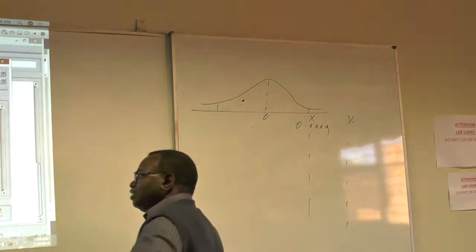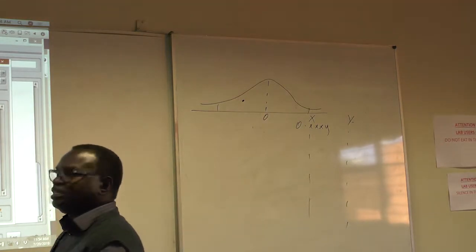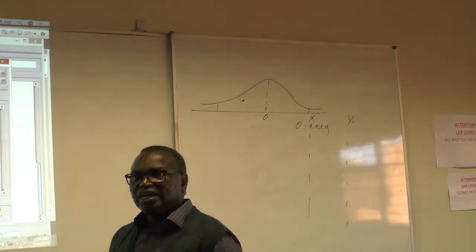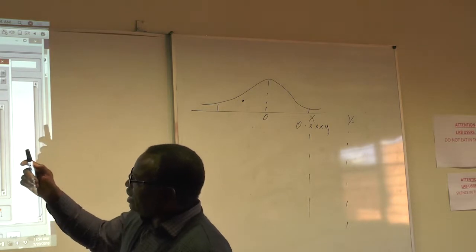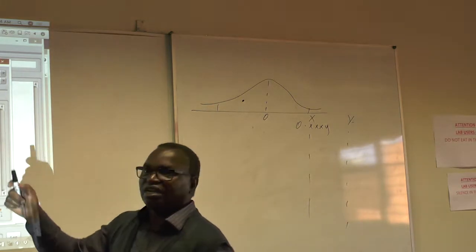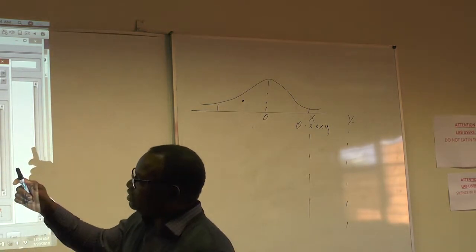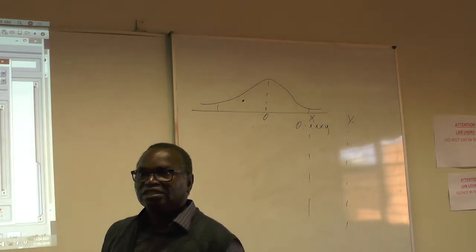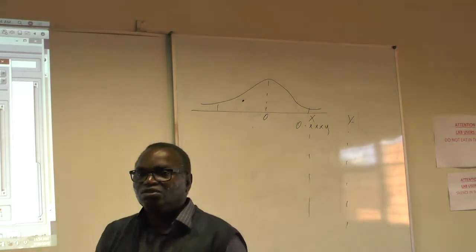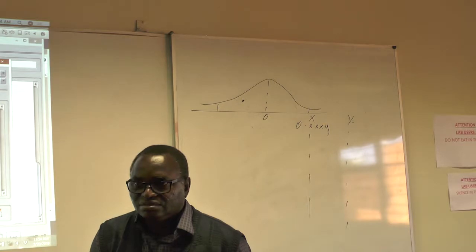And now, what does that explain to us? In terms of accuracy, a 99% area under the curve is a better accuracy compared to a 95%.